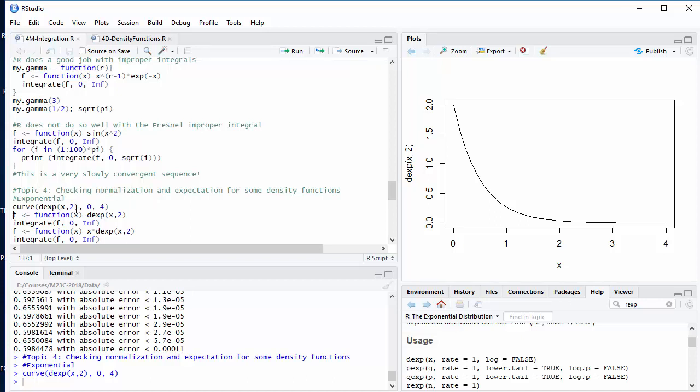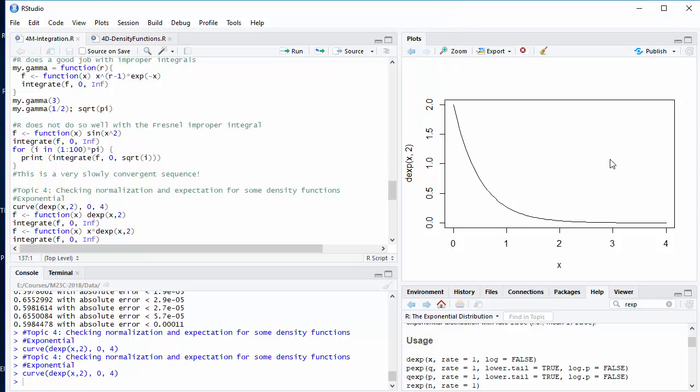I've given a second parameter of 2, and that should give me something where the density function is proportional to e to the minus 2x. I'll plot it from 0 to 4, and you can see it is indeed dropping off exponentially.